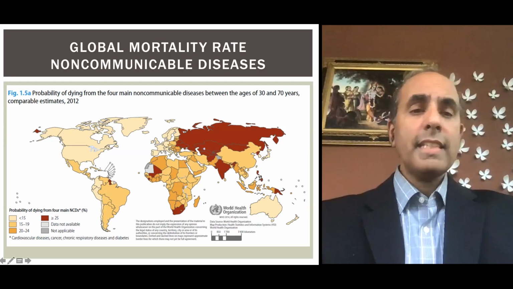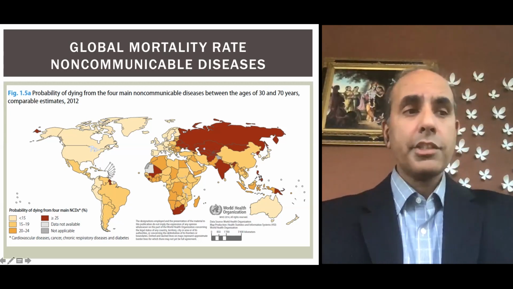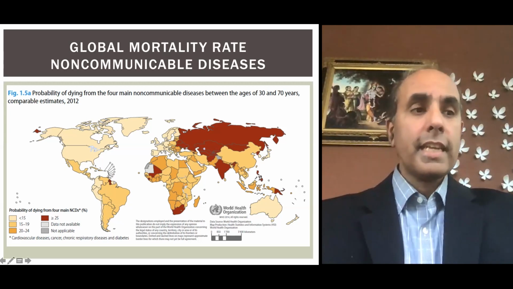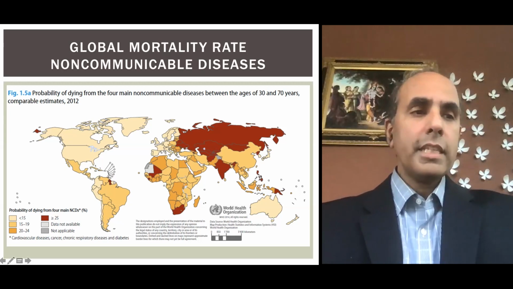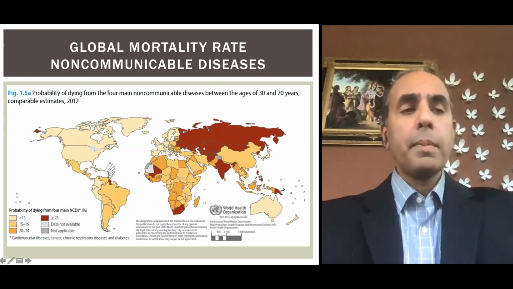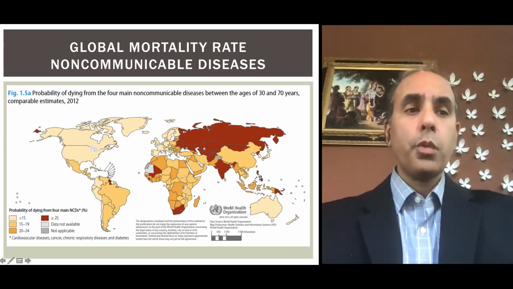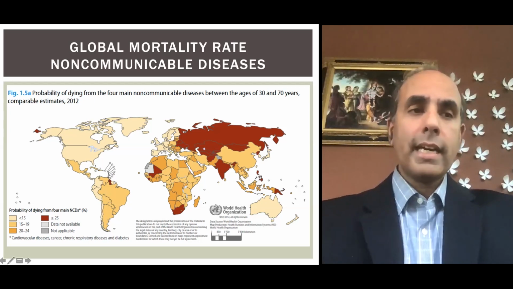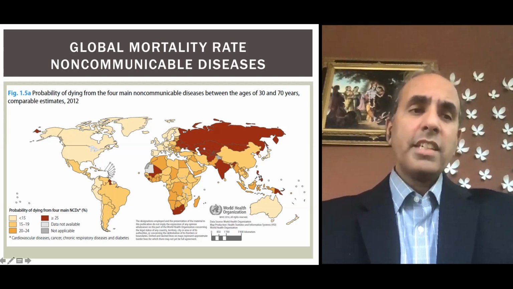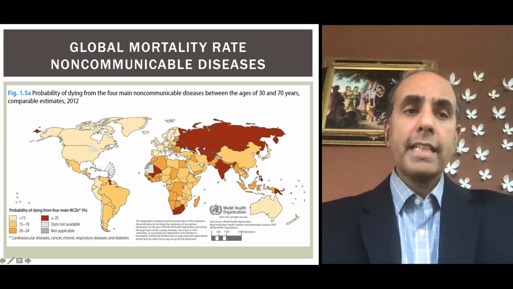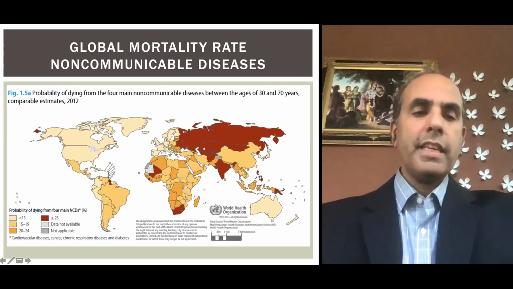These are the diseases such as heart disease and cancer and respiratory diseases and diabetes. What you see in this map is that the probability of dying from one of these four conditions is actually quite high in India. In fact, over 25% of deaths can be attributed to one of these conditions.